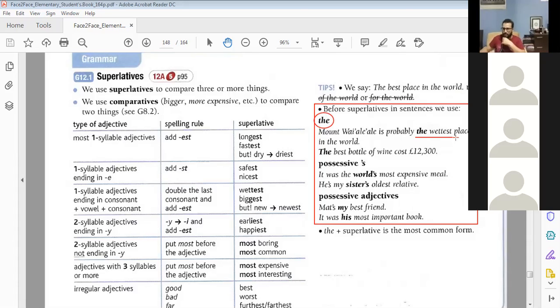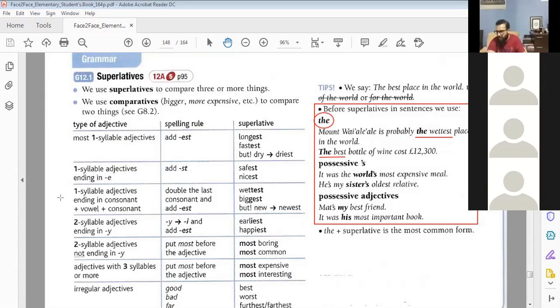The wettest, صح? Yes. The best total of wine cost 12,300. 12? 12? لازم نقول 12,000. 12? 1200.